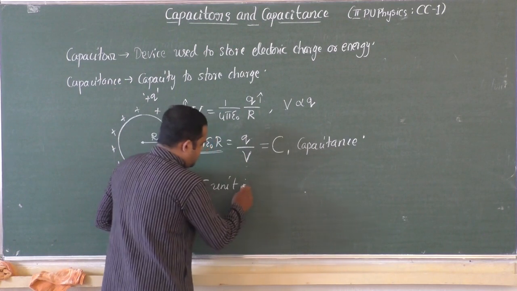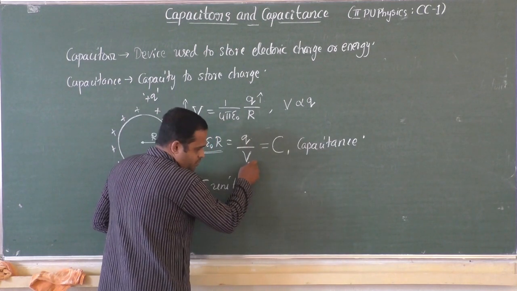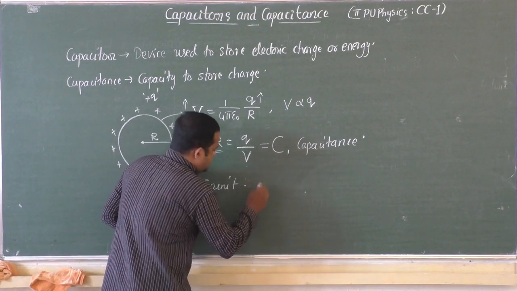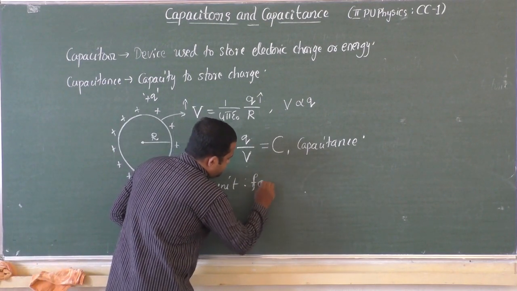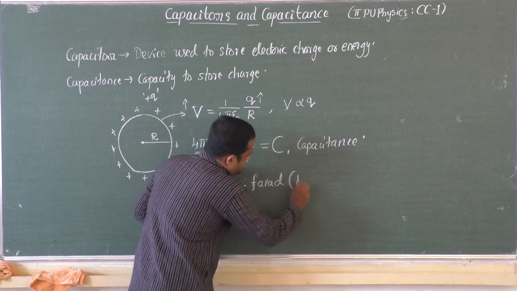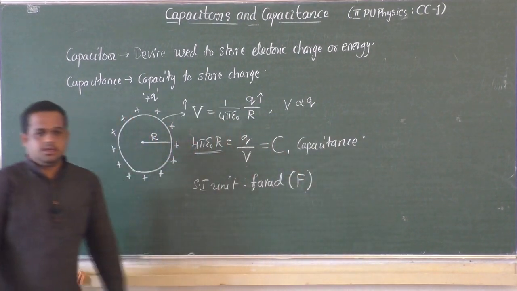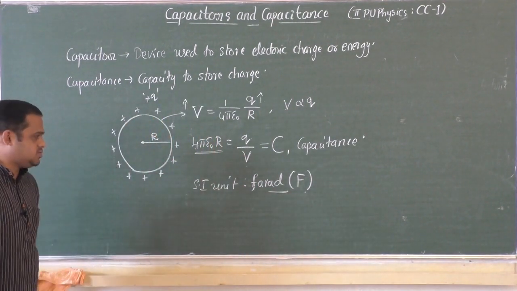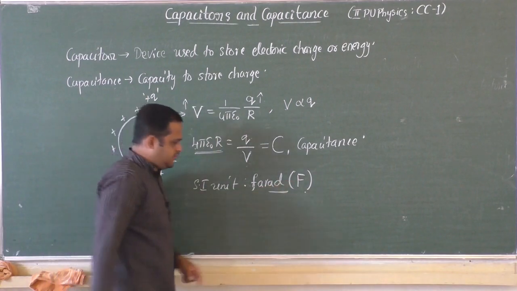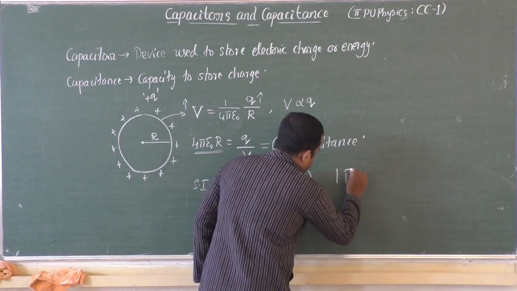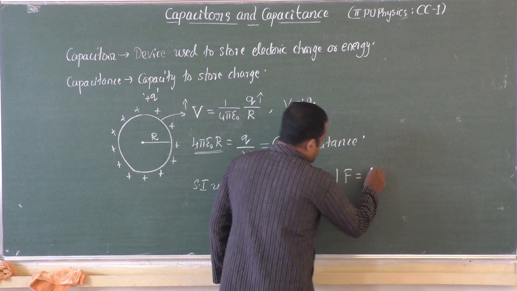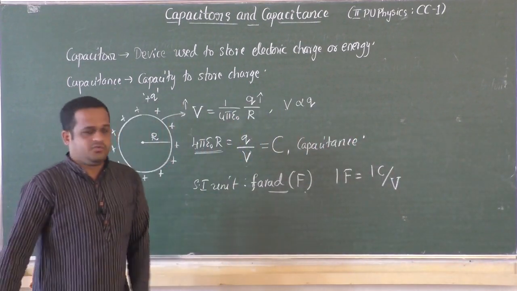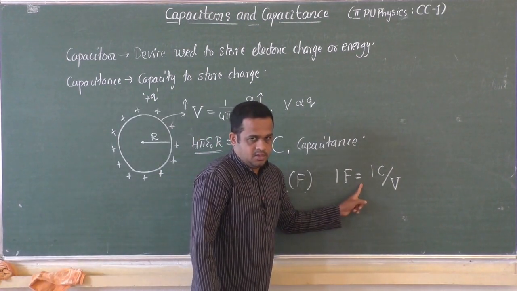So the SI unit of capacitance is coulomb per volt, or we use another unit, that is farad, which is represented by capital F. The SI unit of capacitance of a material or a capacitor is expressed in terms of farad. Now 1 farad is equal to 1 coulomb per volt.